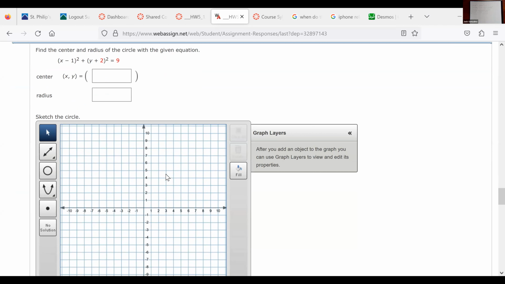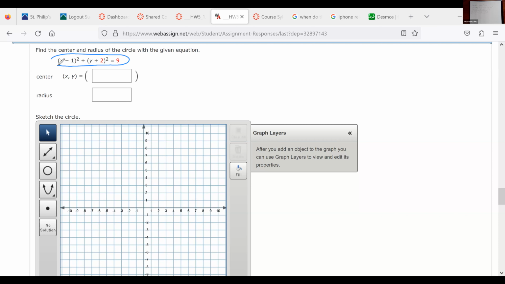So looking at this equation, this time they're giving me the standard form. What is the center? They gave us everything, right? All that information is right here.